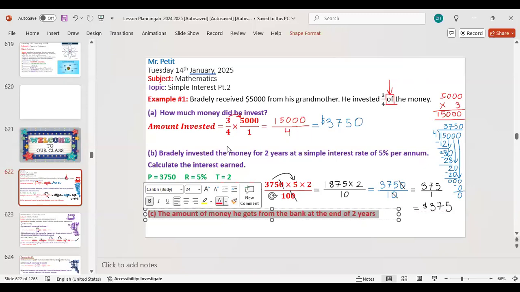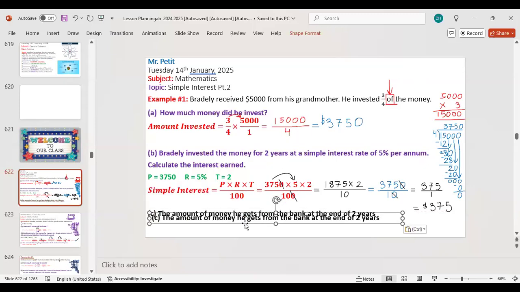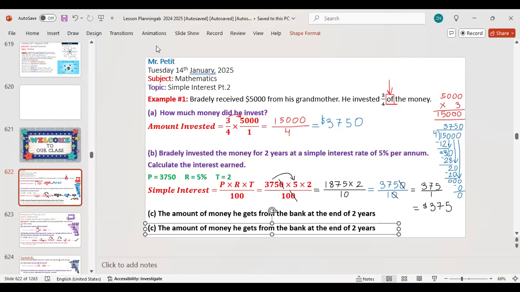So how are we going to do this one? 3,750 and 375. Very good. So we're going to add. The total is going to be equal to, remember how much he had invested in the beginning? 3,750, right?